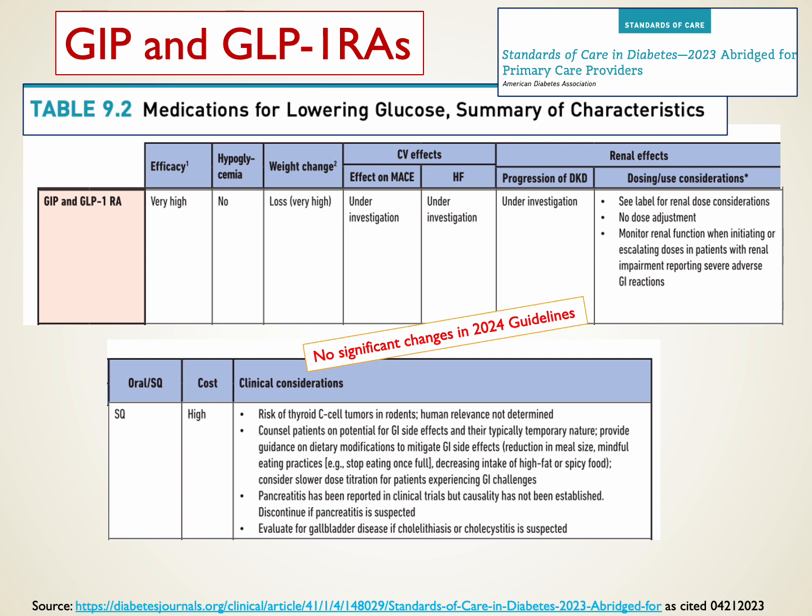But the issue that we don't really know is, does the addition of a GIP add or subtract to the cardiovascular benefit that we see with the GLP-1s alone? So we don't have enough data to really say that yet. Same is true for the risk in renal disease, so that may evolve over time.